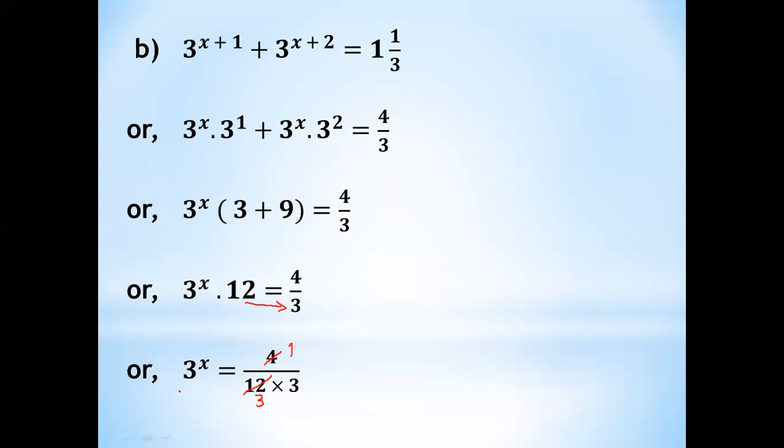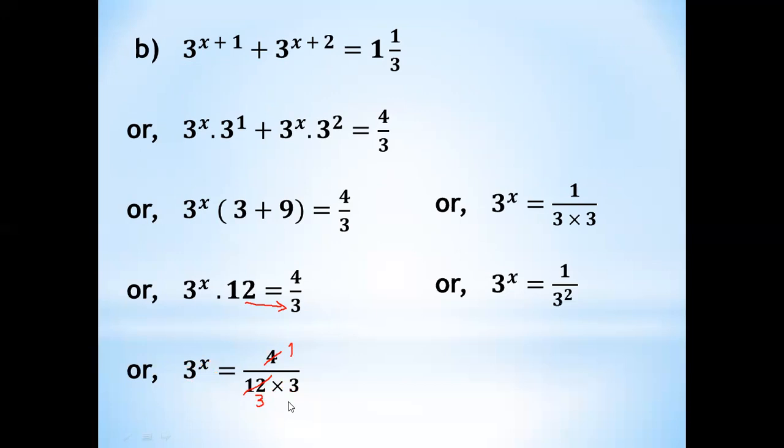So on the left hand side there is 3 to the power x, and on the right hand side there is 1 by 3 times 3. Can we write this 3 times 3 in any other power form? Yes. This 3 times 3 can be written as 3 square.